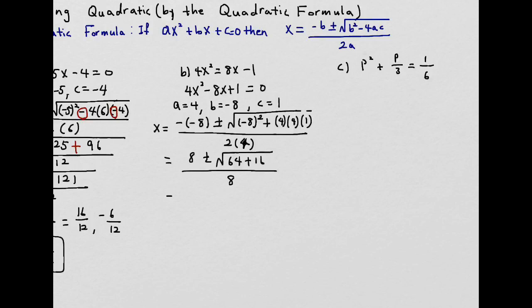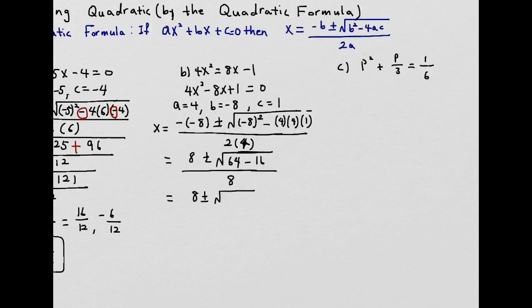When you simplify your square roots, 64 plus 16. Oh, again, your formula was negative right there, so let's change that to subtraction: 64 minus 16.